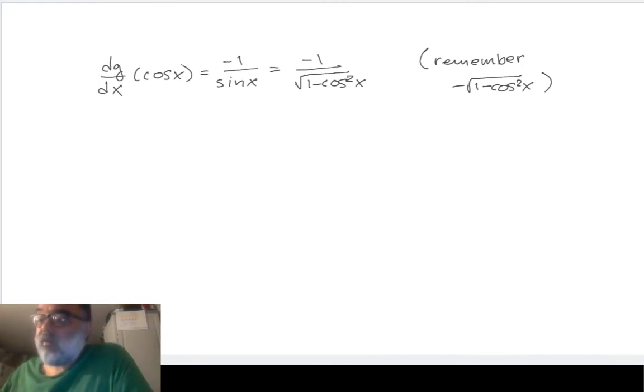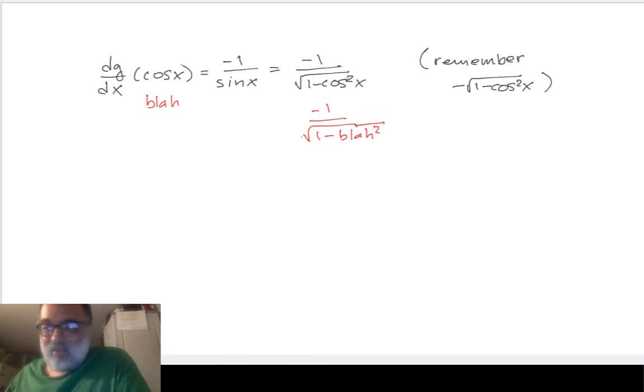So the derivative, when we put in blah, we get out minus 1 over the square root of 1 minus blah squared. Holy cow. So what we're saying is that if we put x in for the blah, we're going to get minus 1 over the square root of 1 minus x squared.